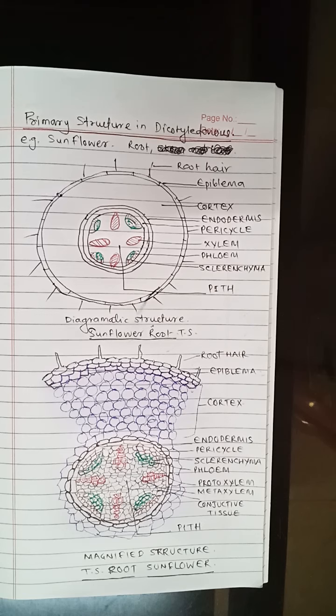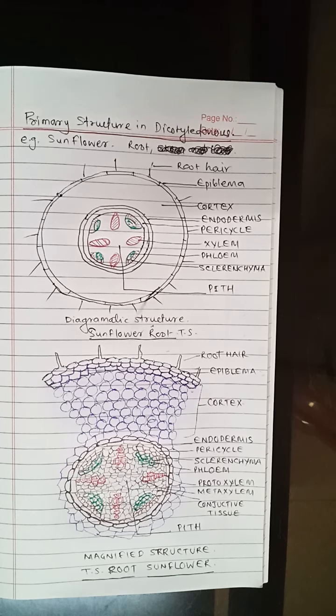This is the internal structure or primary structure of sunflower root. The characteristic feature of the sunflower root is the presence of 4 bundles of xylem as well as 4 bundles of phloem. They are radially arranged and alternate with one another, present on different radii.